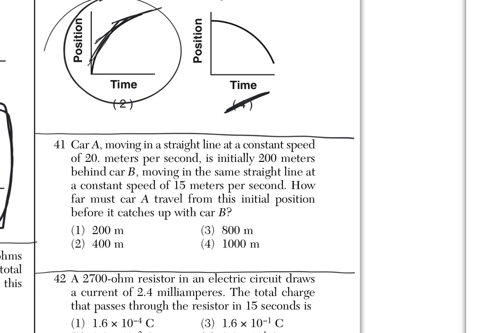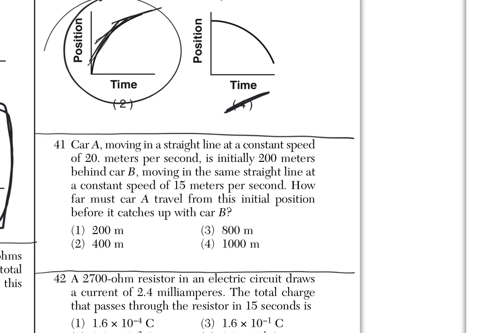So to start, it says that the position of A is 200 meters behind the position of B. And in terms of their position, A is 200 meters behind B. And so if they start moving, they're both going to move at the same amount of time. And it's asking, how far is A going to travel in order to catch up with B?